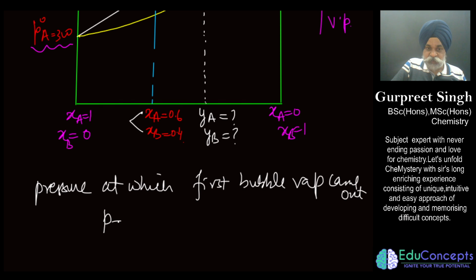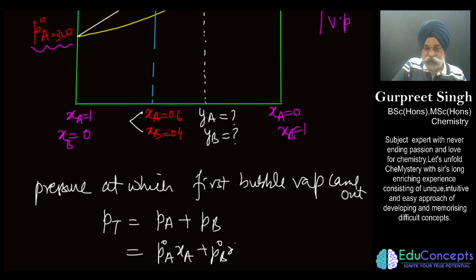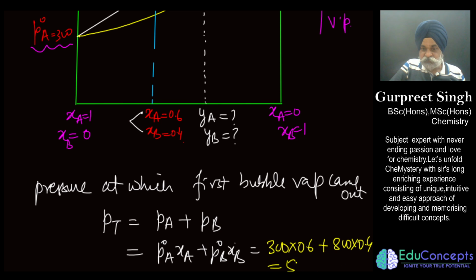P total is equal to PA plus PB. We are just applying Raoult's law, that is P naught A XA plus P naught B XB. Everything is given to you. P naught A is 300 into 0.6 plus 800 into 0.4. So this comes out to be 500 torr.